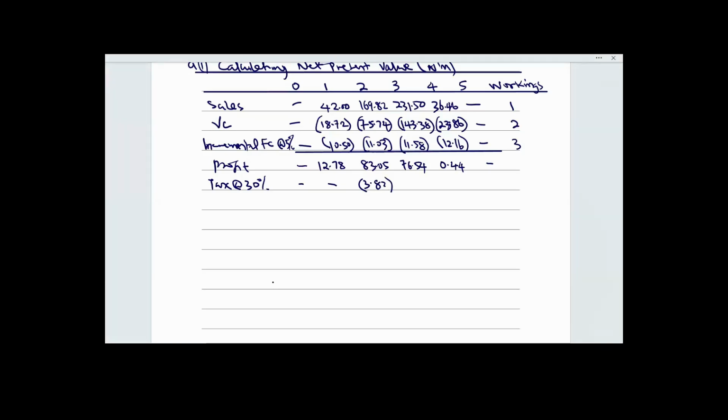Then in the second year, profit of 83.05 multiplied by 30% equals 24.92. This second year profit's tax will be paid in the third year, so 24.92.